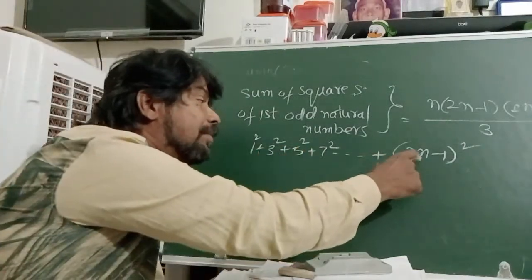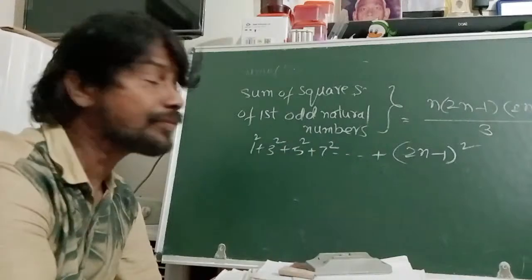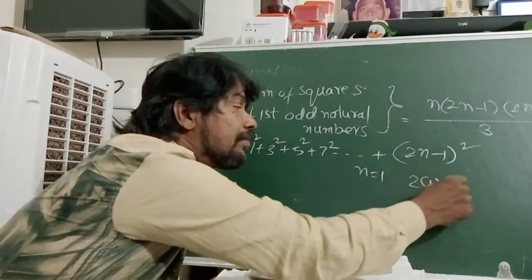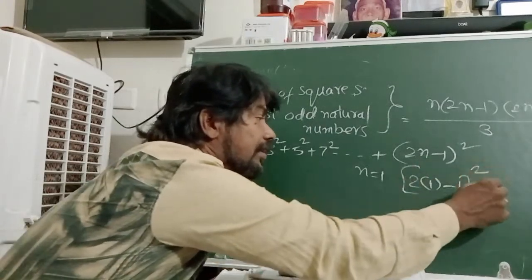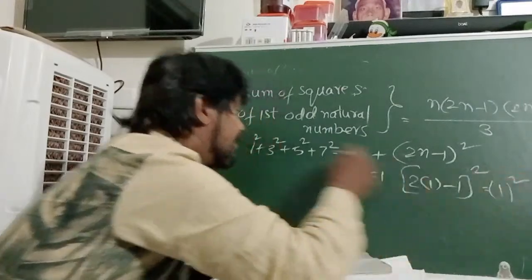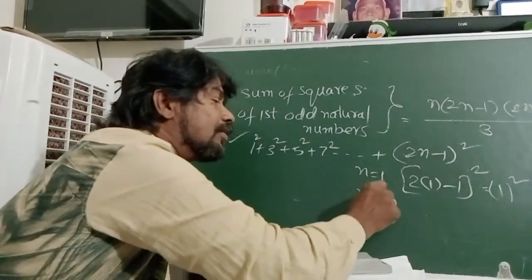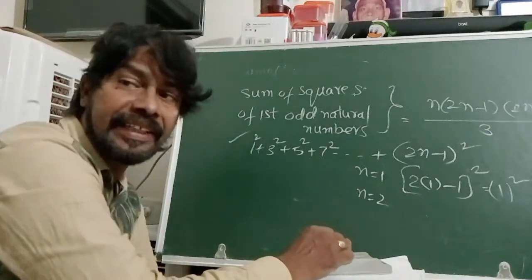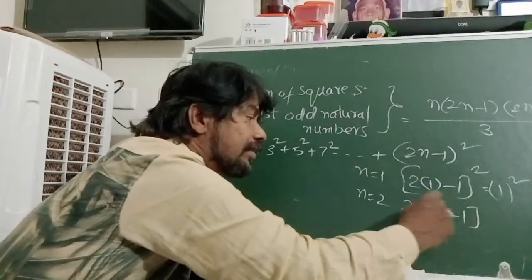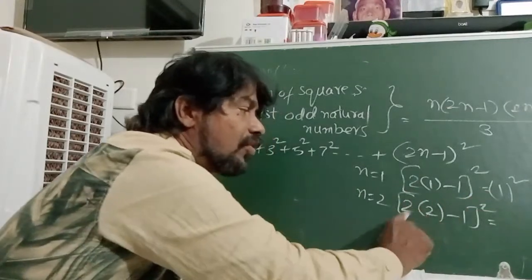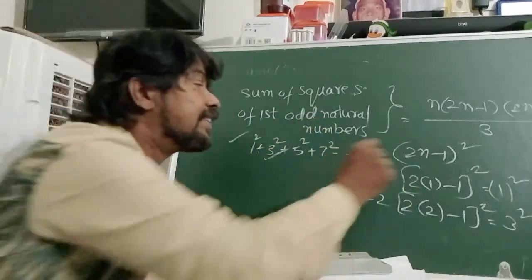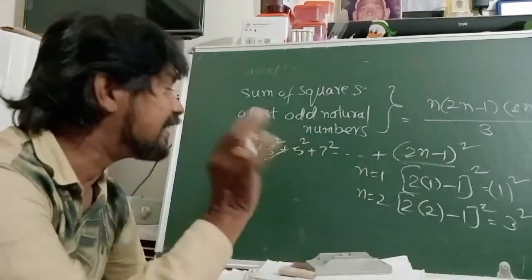We should test whether this is correct. Suppose n is equal to 1. 2 into 1 minus 1 whole square. 2 ones are 2, 2 minus 1 is 1 square. Suppose n is equal to 2, for the second number. 2 into 2 minus 1 whole square. 4 minus 1 is 3 square. The second term is 3 square. This is the nth term in this series.